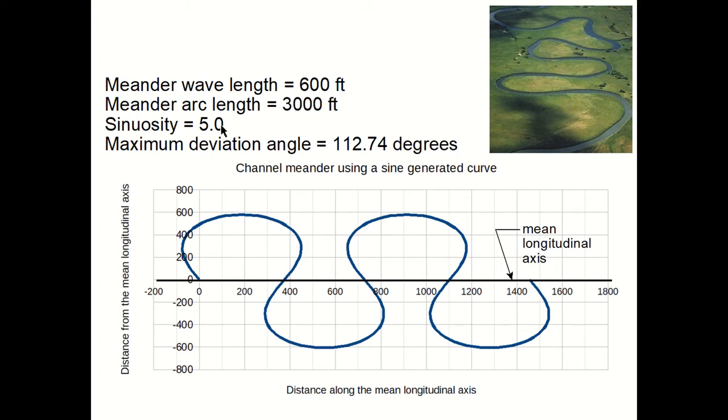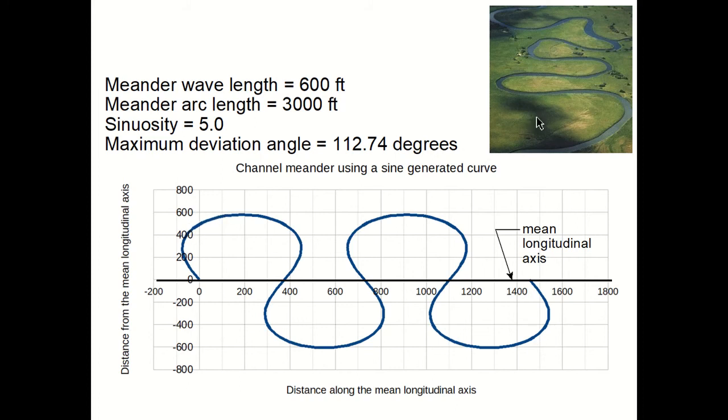So you see this has a large sinuosity. It gives a maximum deviation angle of 112.74, which when measured from the mean longitudinal axis is bigger than 90, so it actually is going, if you will, backwards a little bit in the x direction.